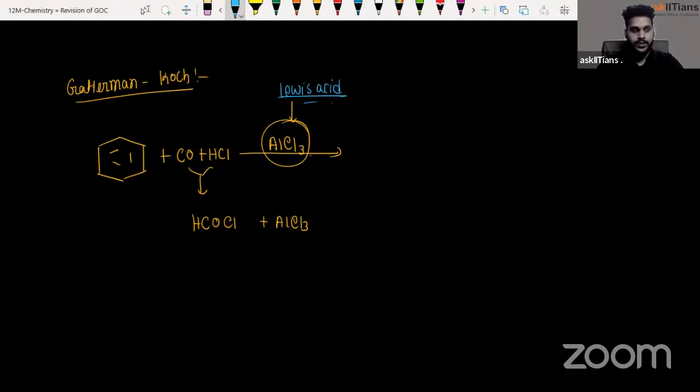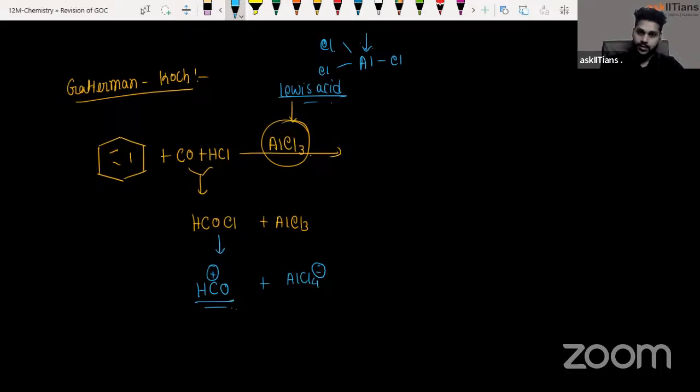Why are they Lewis acids in the first place? Because they have an incomplete octet, right? AlCl3 has an incomplete octet. That's why we call it a Lewis acid, because it wants to take electrons. So what would it do? It would break this bond, splitting the molecule into HCO plus and AlCl4 minus. So this is the intermediate, HCO plus.